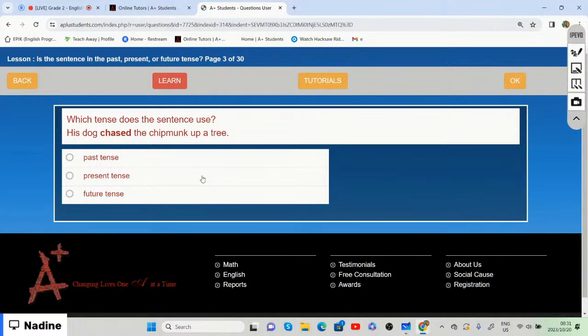His dog chased the chipmunk up the tree. So chased. Is that past tense? Is that present tense? Or is that future tense?